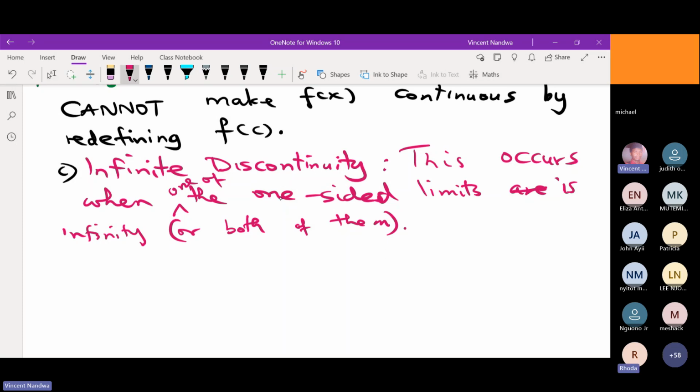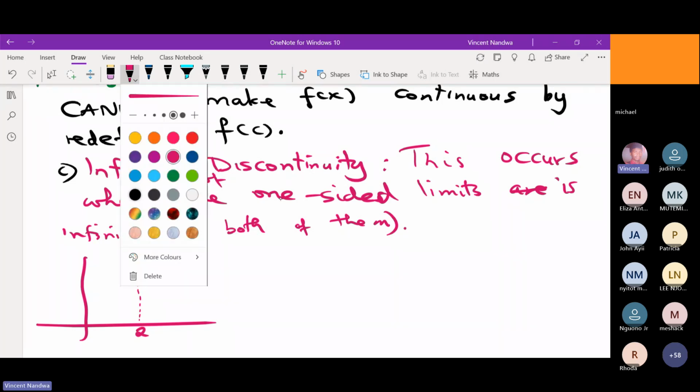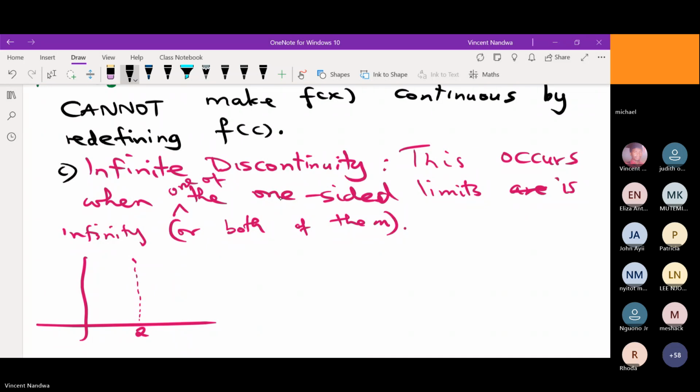For example, I can make some sketches here. This point 2, and we have a function f of x with this property.